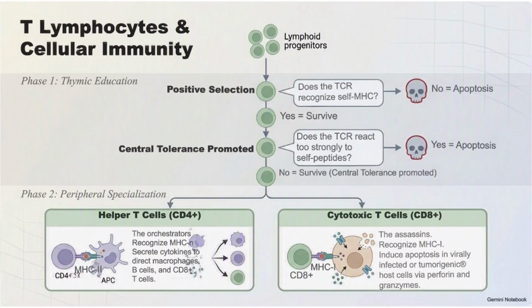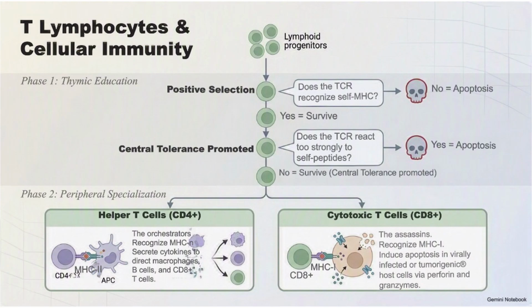So developing T cells essentially have two major tests to pass. During positive selection, cells must demonstrate that their T cell receptors can appropriately recognize self-MHC molecules. And if they can't adequately interact with MHC, they won't be useful for normal T cell function and are eliminated.